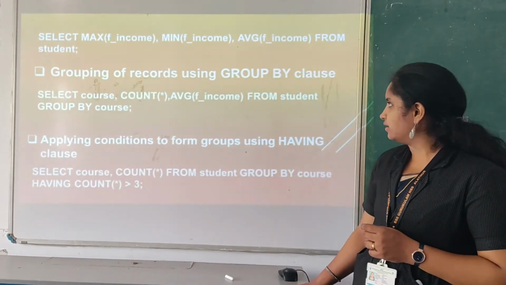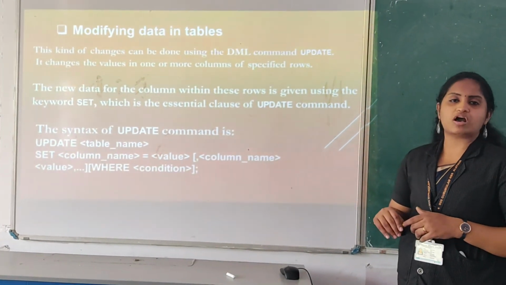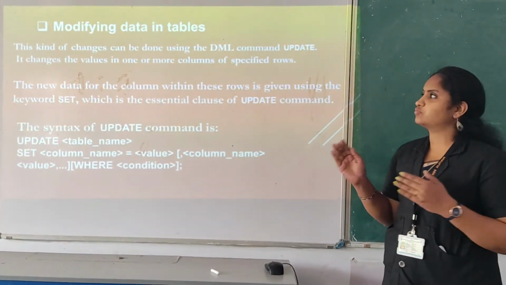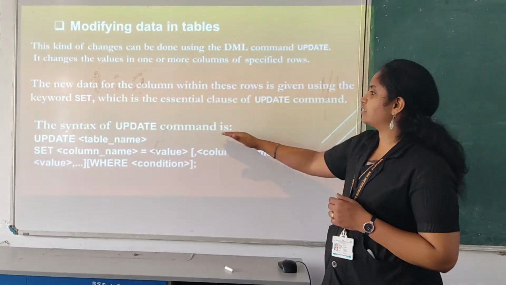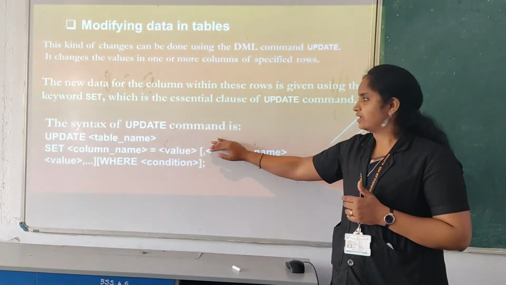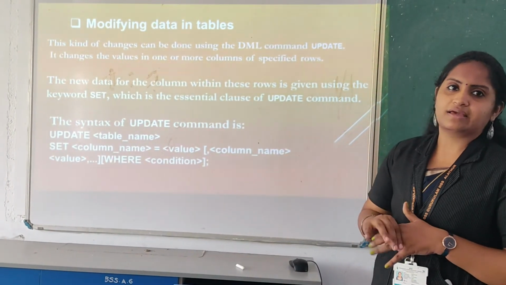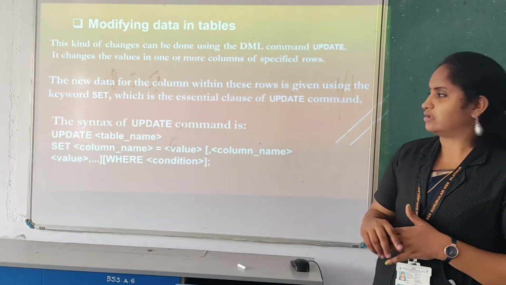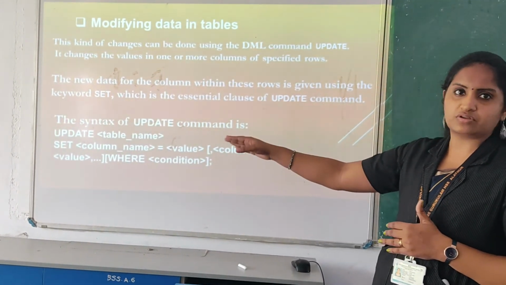And next, modifying the data in a table. After entering all the details, if you want to modify the data in the table, you can change it. For that you can use the DML command update. You can update the table. Update, table name, set.